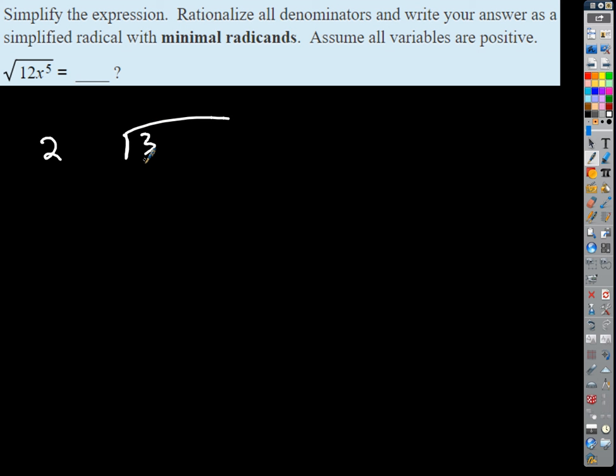Now what about the square root of x to the 5th? A really simple way of handling this? Pull out... anybody have a suggestion? X to the what? 5 halves. Okay, there you go. All you gotta do is think about this as a rational exponent.